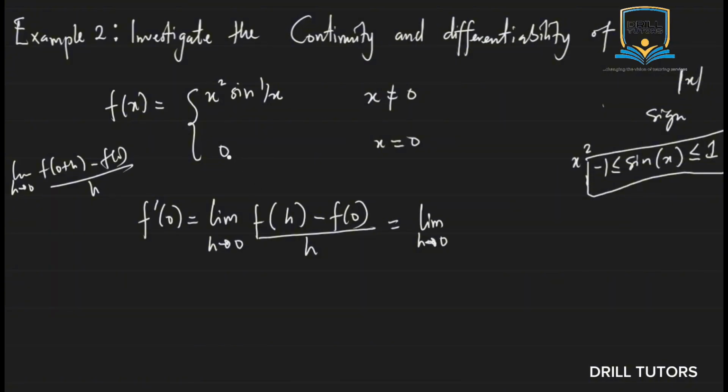When it is exactly 0, you have 0. So what we have here is h squared sine 1 over h, then minus 0, all over h.